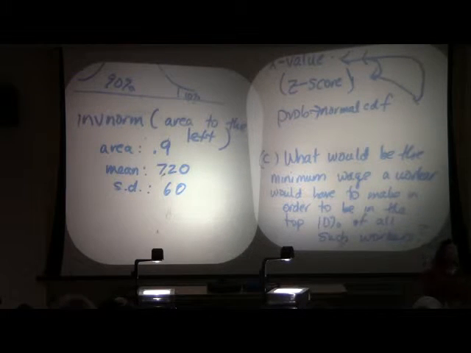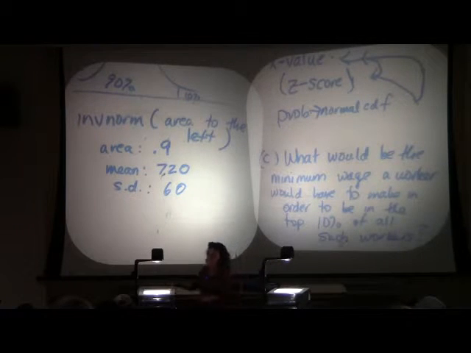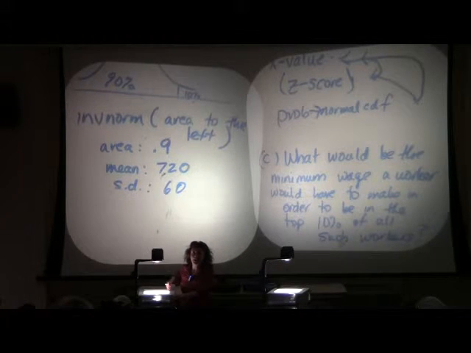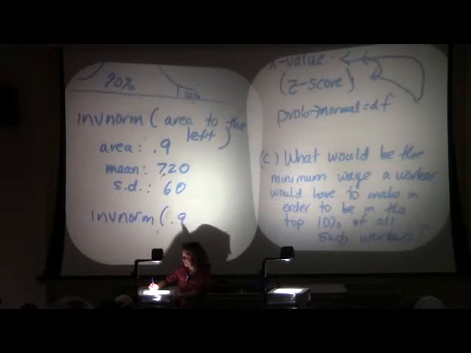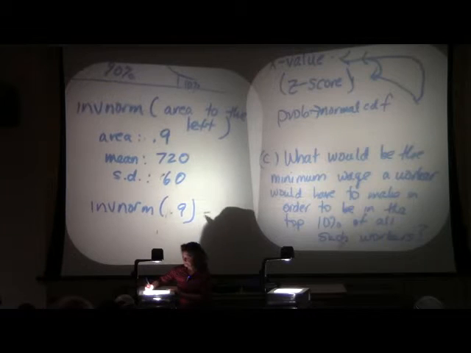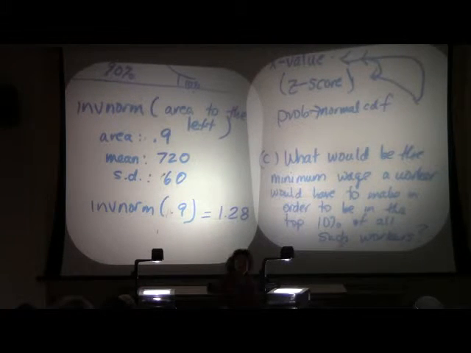Okay? Those of you guys with the sweet calculator, have fun. Those of you guys with the calculator like me, you're going to hit inverse norm 0.9. You should get 1.28. Did you guys get 1.28?